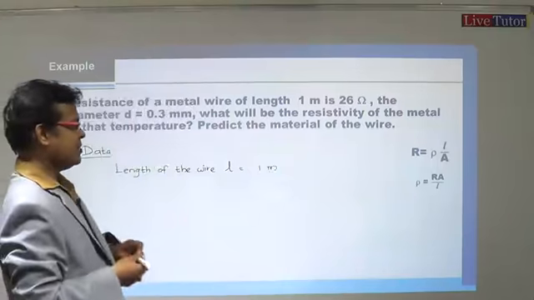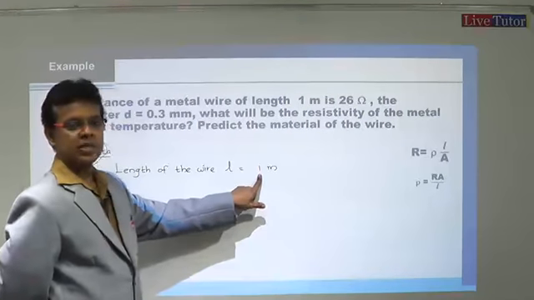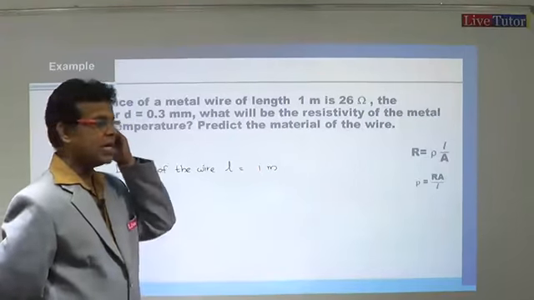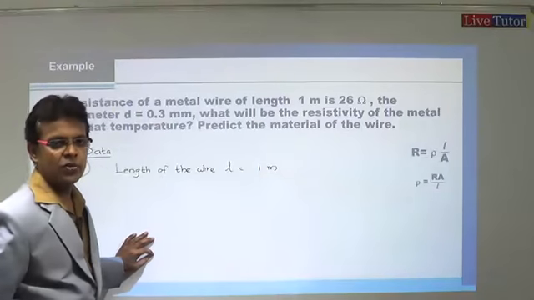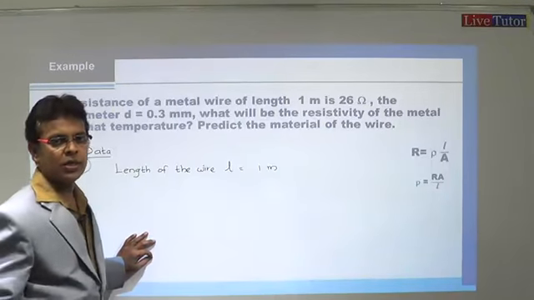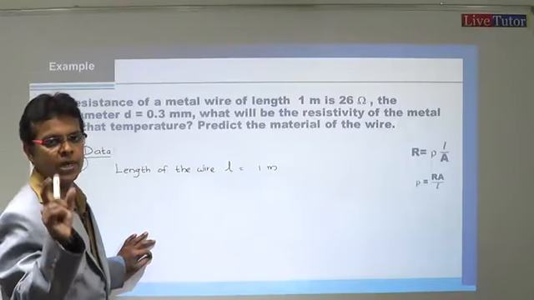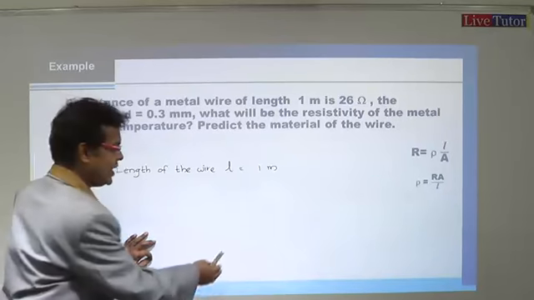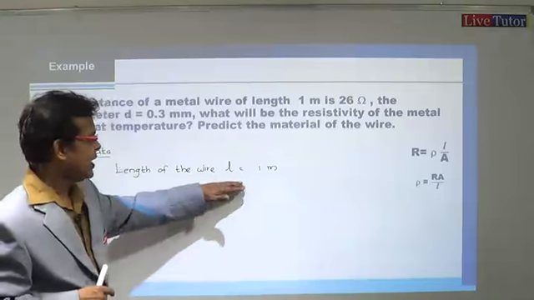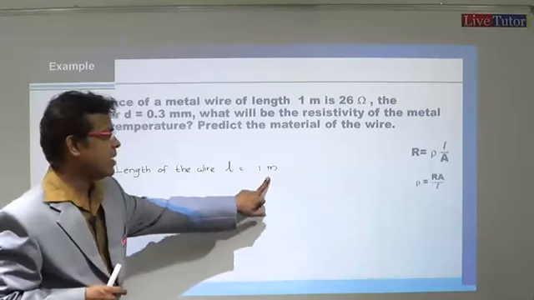Usually, sometimes they may give this in terms of centimeters, right? In case they have given us 96 centimeters, so what will you do? Because you know that resistivity unit is ohm meter. Okay, so when you are giving the answer as ohm meter, whatever data we have taken here should be in terms of meter.